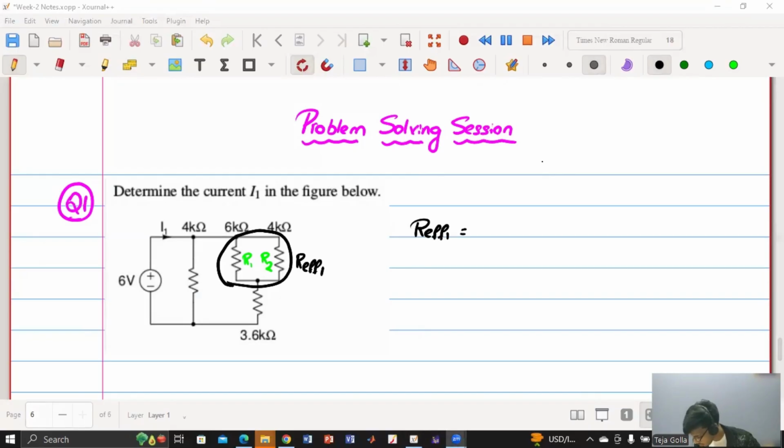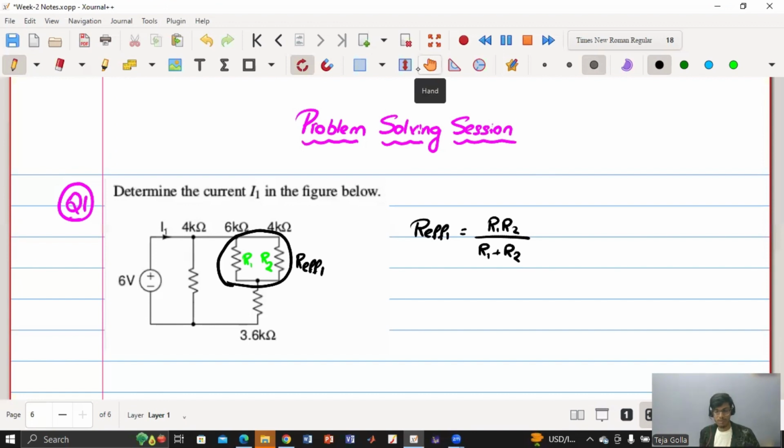It is R1 R2 by R1 plus R2, because we know 1 by R effective is 1 by R1 plus 1 by R2. If you simplify that, you get 6 into 4 by 10, so 24 by 10, which means R effective 1 is 2.4 kilo ohm.